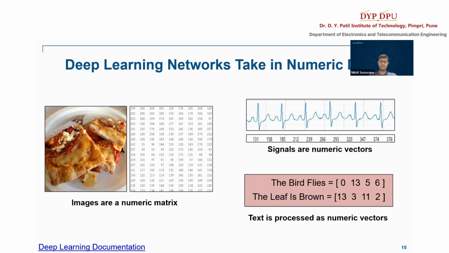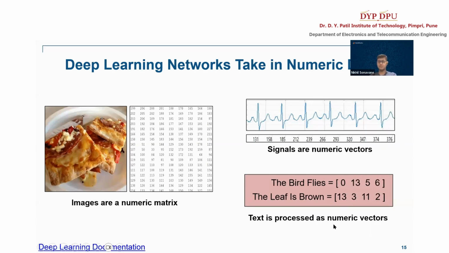You might have seen this in the previous two sessions also, that images can be represented as a numeric matrix, right? Again, signals are also some kind of magnitudes in one dimension. Images are three dimensional when we talk about RGB, whereas signals are one dimensional magnitude values. So you can see that anything can be represented as some kind of number.